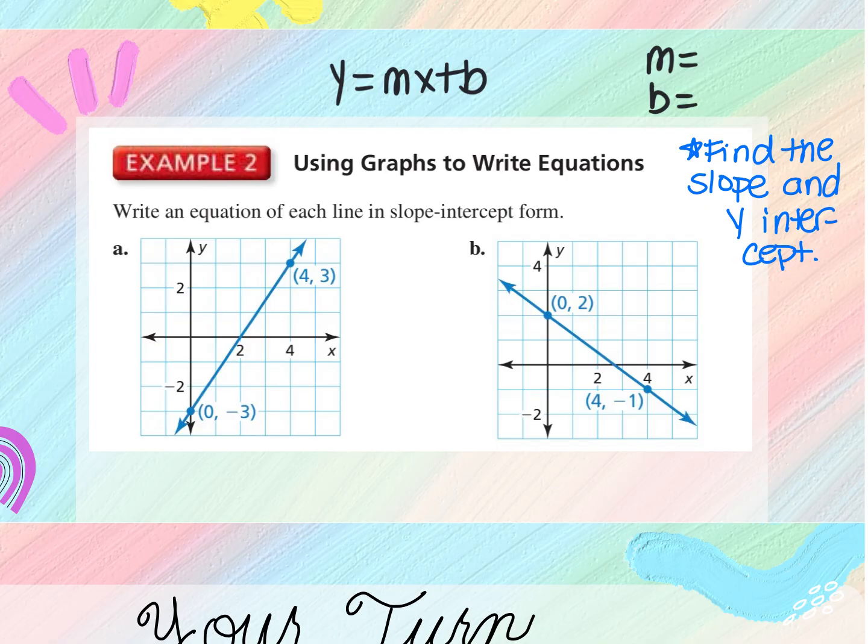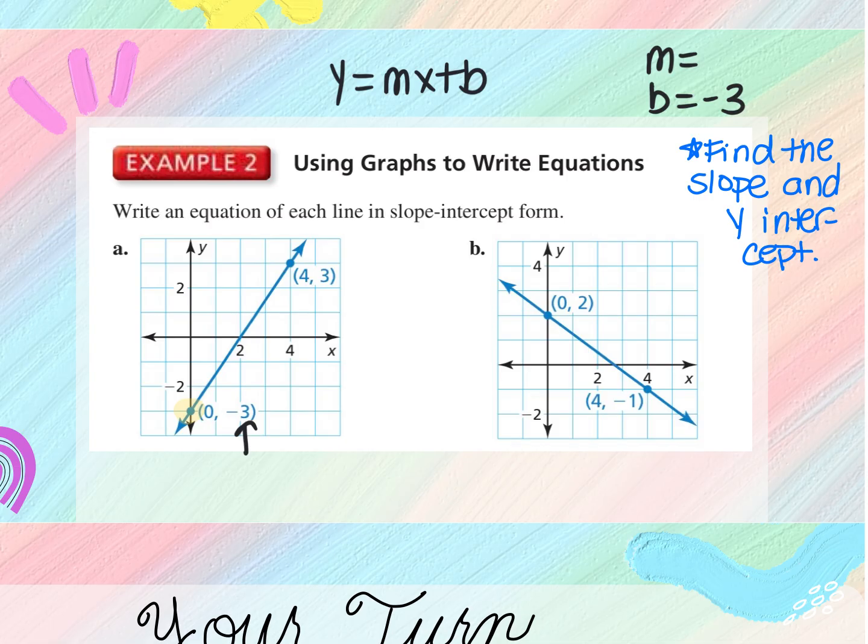The m or the b? The b. You're going to have to figure out the m, but the b is the y-intercept, meaning where does the line cross the y-axis? Where is it crossing the y-axis here? Well, I just need the number, not the 0 part. It's crossing at -3, right? So my y-intercept for part A is -3.